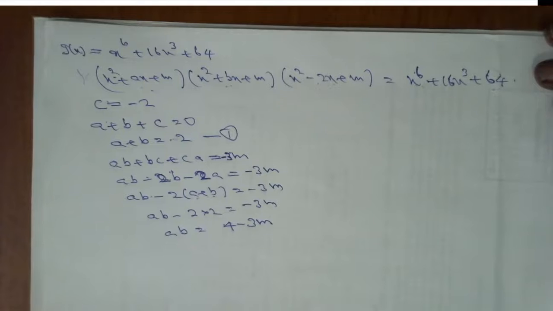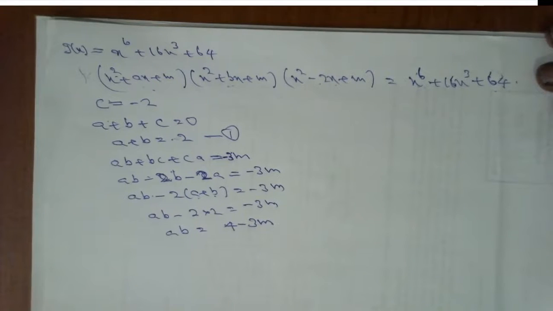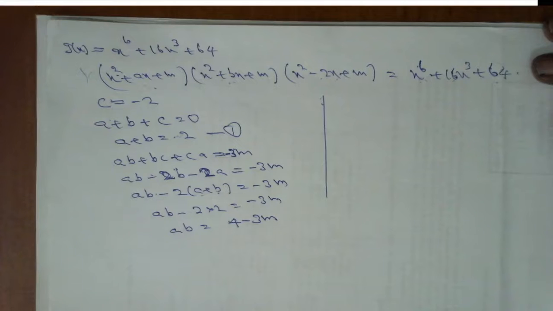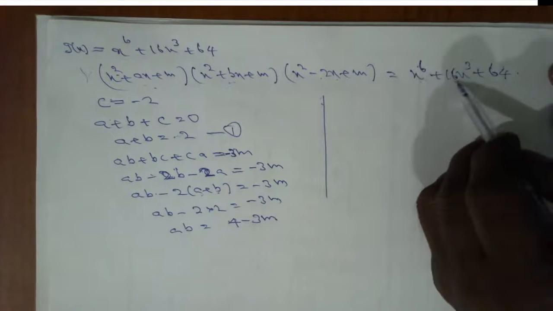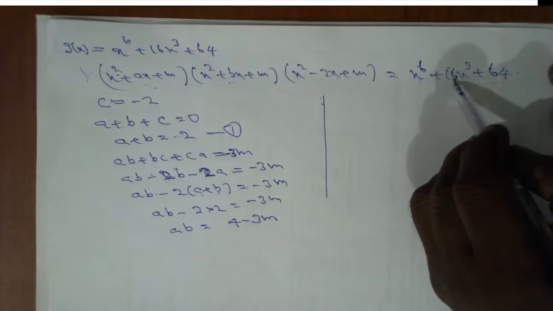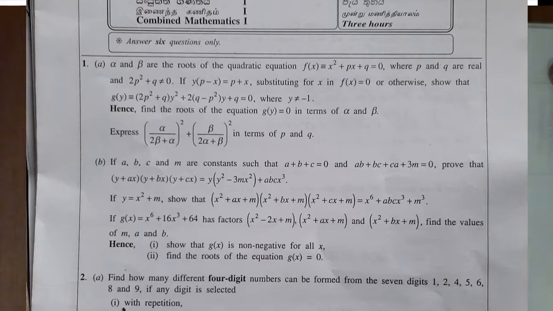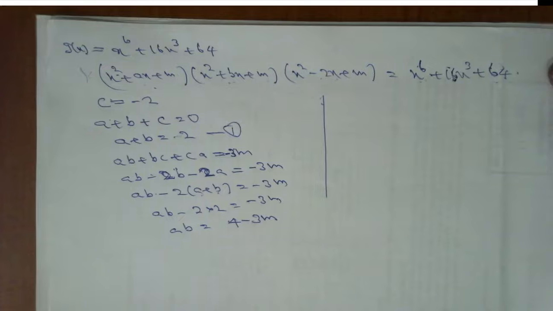You have two equations, but there are three variables, no? You have to find a, b and m, right? How do you find them? Here you have abc in this equation, x cube plus m cube, abc.